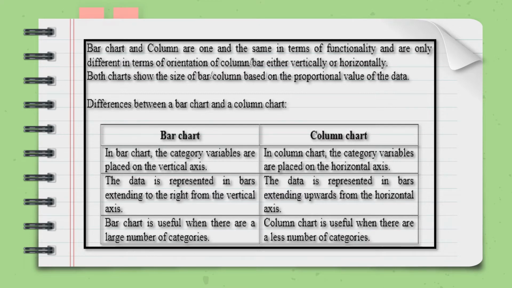On the other hand, column chart, the data is represented in bars extending upwards from the horizontal axis. Bar chart is useful when there are a large number of categories. On the other hand, column chart is useful when there are a less number of categories.